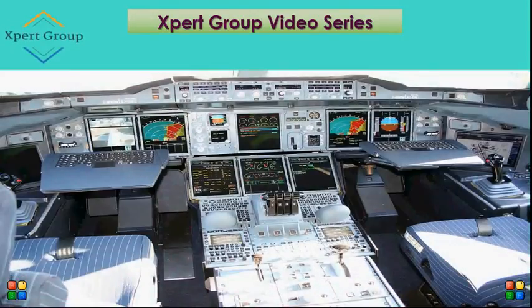Let's proceed, guys. This is a cockpit in an aircraft, and here on my right side is the pilot seat, on my left side is the co-pilot seat, and you can see there are a lot of displays and gauges, you can say instruments, in front of both pilot and co-pilot.